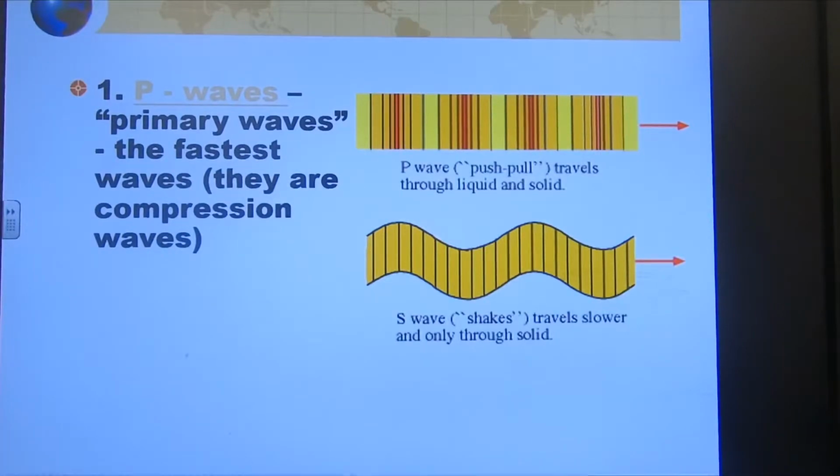Now, these are the fastest waves. They are also known as compression waves because they're so tightly packed together. They're so fast that they can move through solids and liquids.